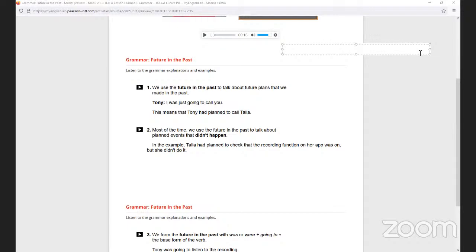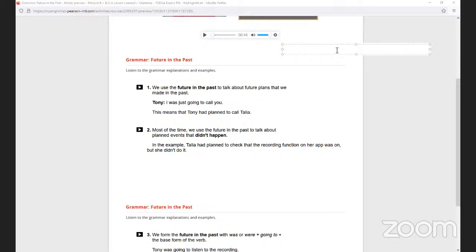For example, when we use only future, we are talking about some plans that are going to happen, right? Maybe in a near future or maybe in a far future, but it's going to happen.